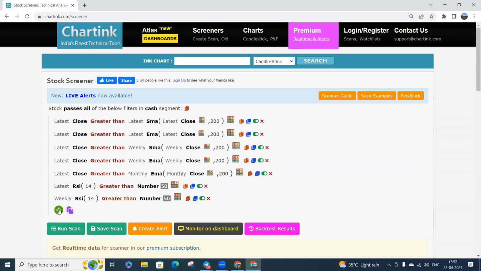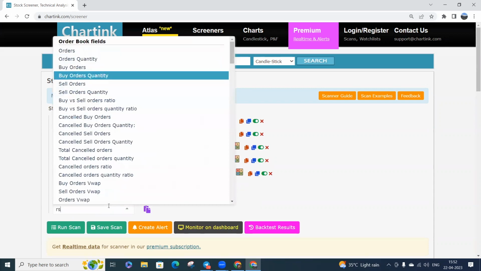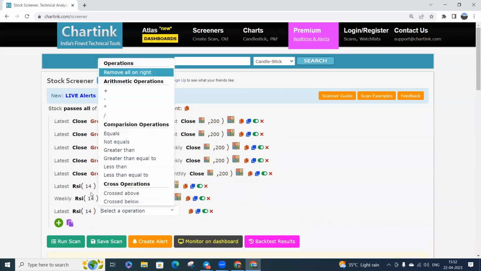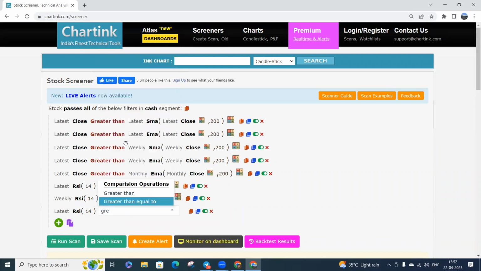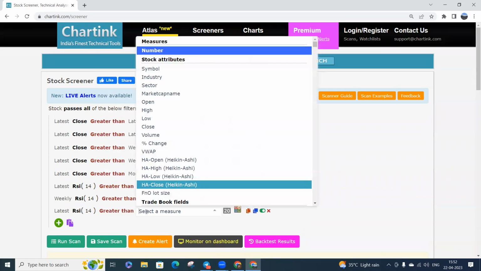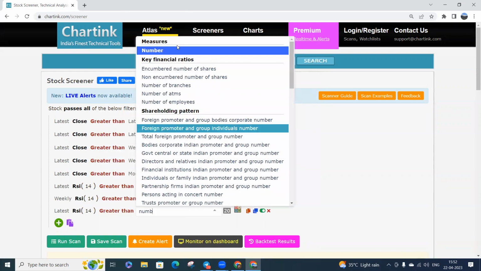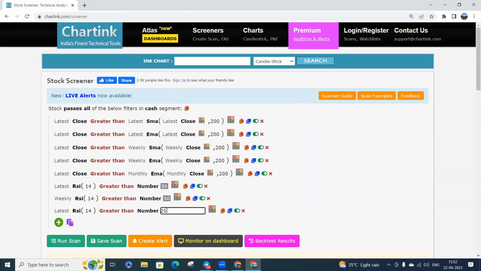So weekly, and then I need RSI, number again 50. So I have all three things covered.